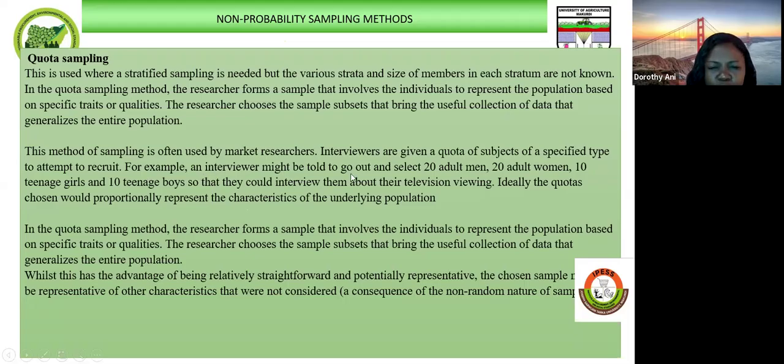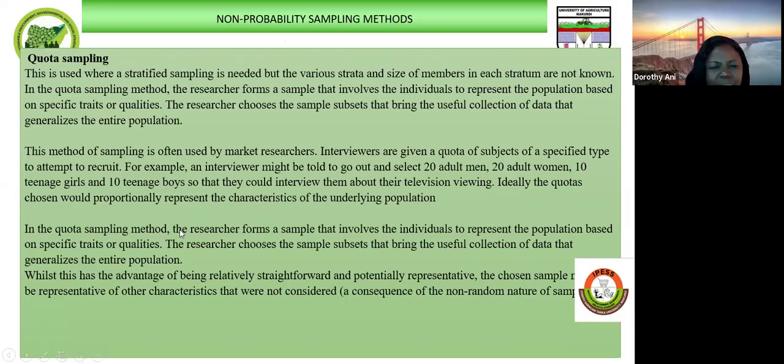For example, an interviewer might be told to go out and select 20 adult men, 20 adult women, 10 teenage girls, and 10 teenage boys, so that they could interview them about their television viewing. Ideally, the quotas chosen would proportionally represent the characteristics of the underlying population.